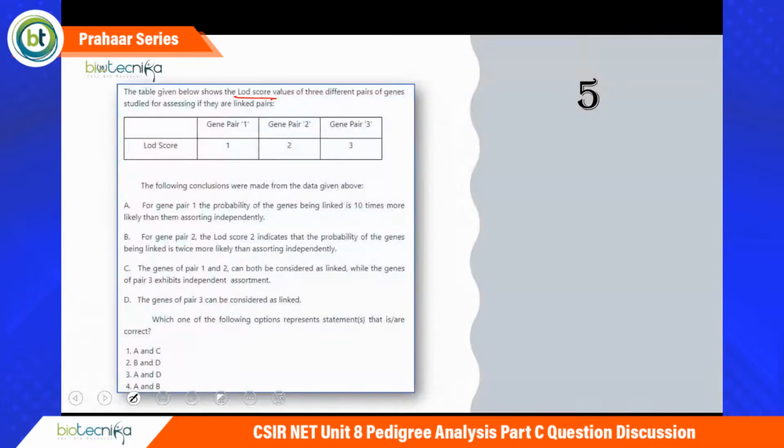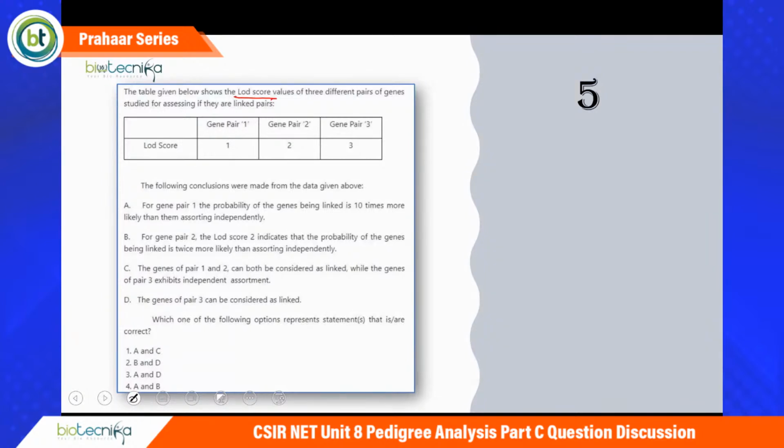We usually do pedigree analysis to find out a molecular marker that is properly linked with a particular phenotypic character. When we are seeing the inheritance pattern of the marker and the phenotypic character, that inheritance pattern can arise as a result of independent assortment between them or as a result of linkage between them.